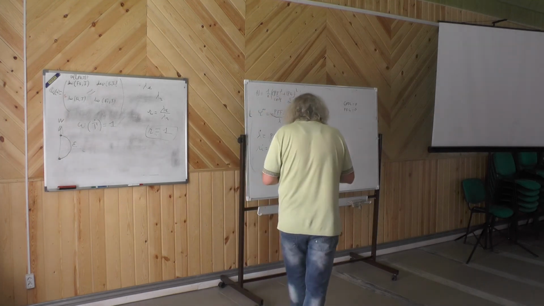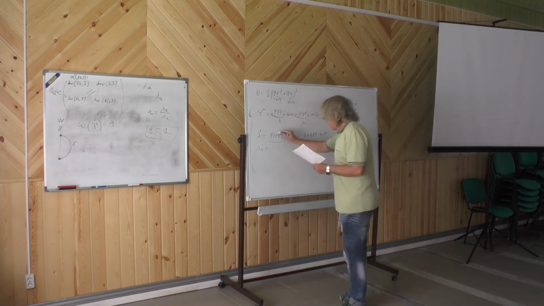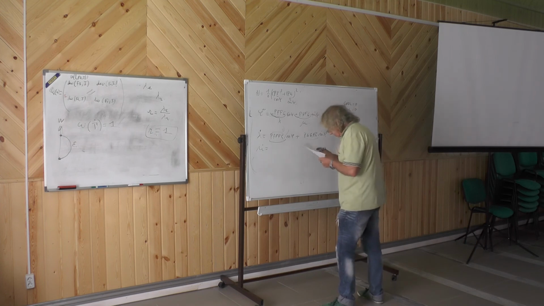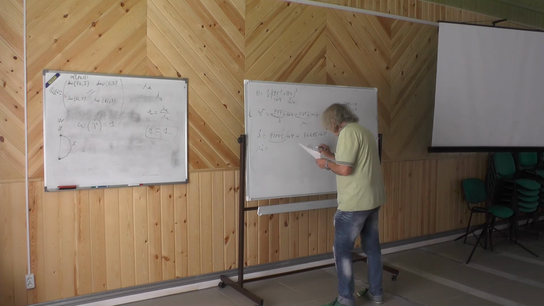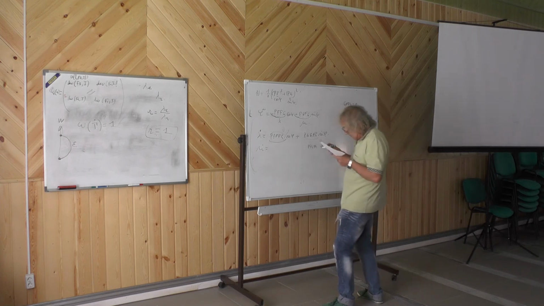So lambda dot in fact is equal to this, because this one is 0, and mu dot is equal to pgfg, sine phi, cosine phi.